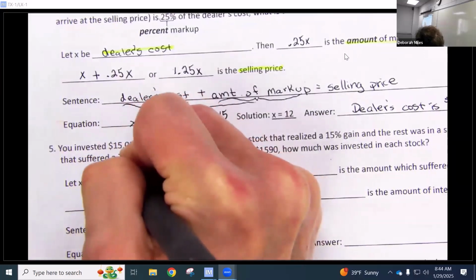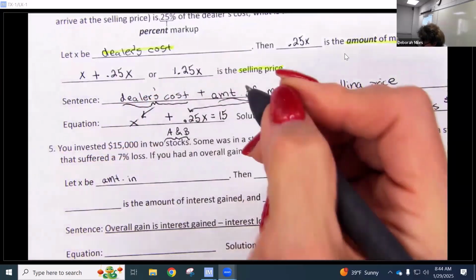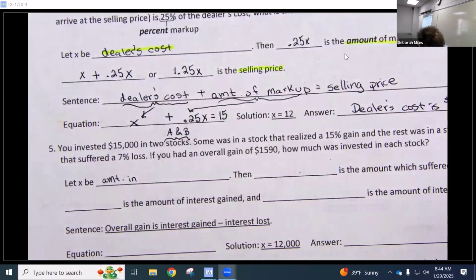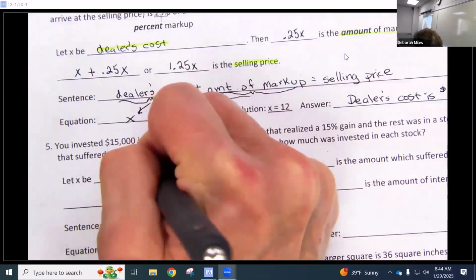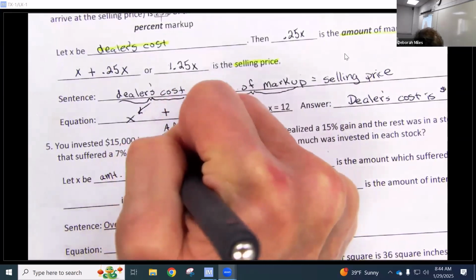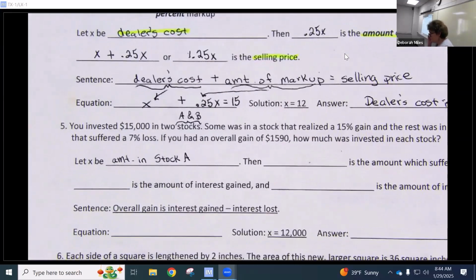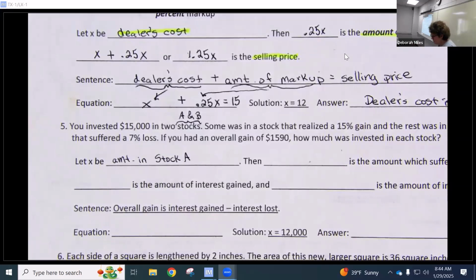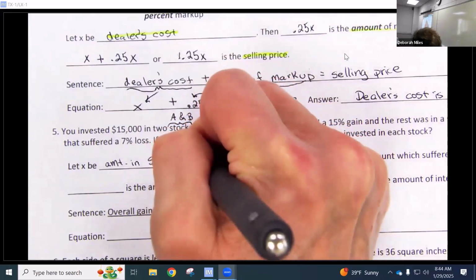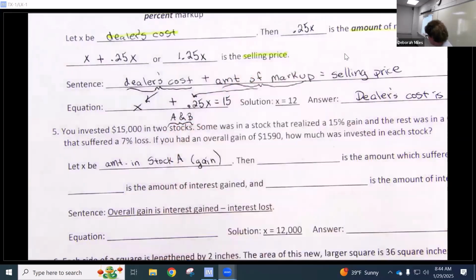It's the amount in the first stock, or stock A. I'm going to call it stock A since I've already written A and B up there. Let X be the amount in the first stock, and let's say it's the one that made you some money.